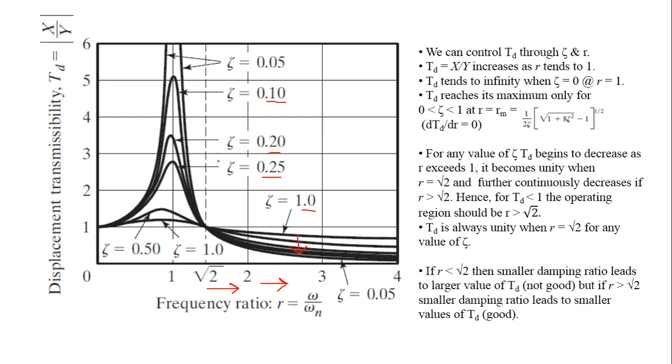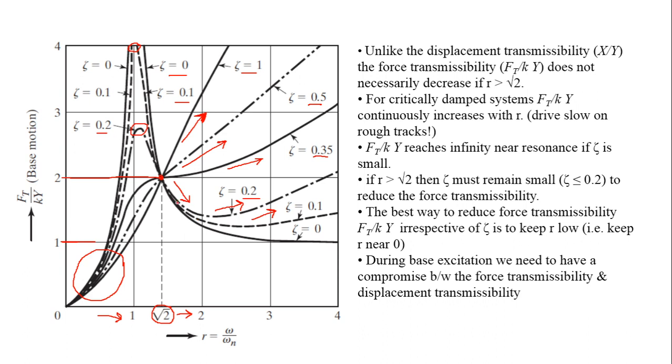So looking at this figure, we can say that if we want to reduce the displacement transmissibility, we should increase the value of r, if material fatigue is not important. No doubt we will be able to reduce the displacement transmissibility to a value less than 1, but on the other hand, we will notice that the force transmissibility will increase, and this means that more force is basically transmitting to your system.